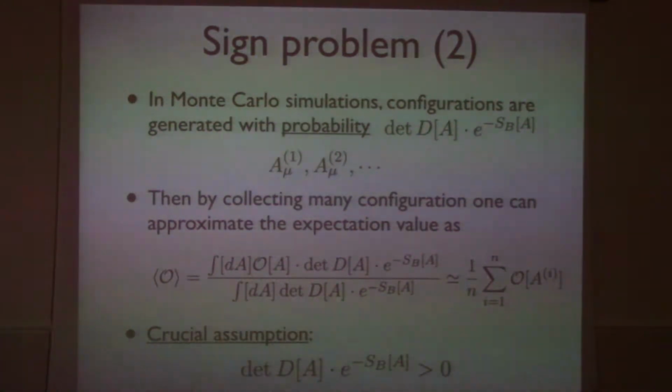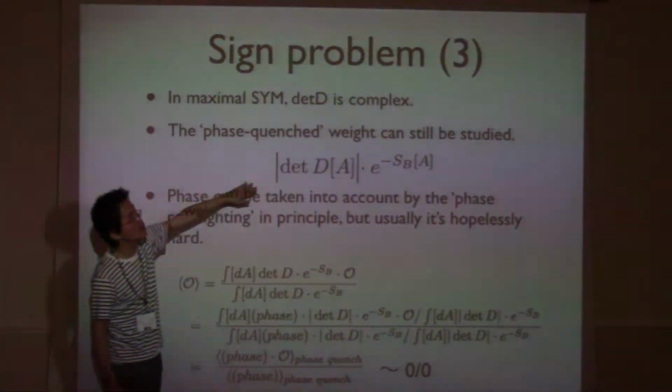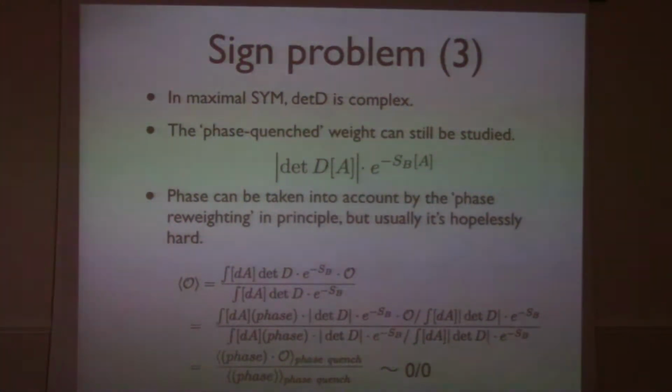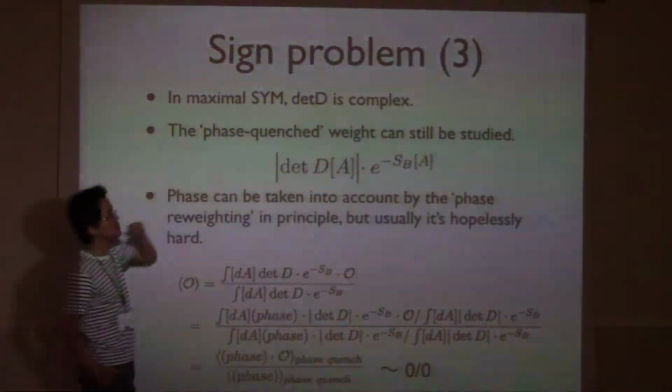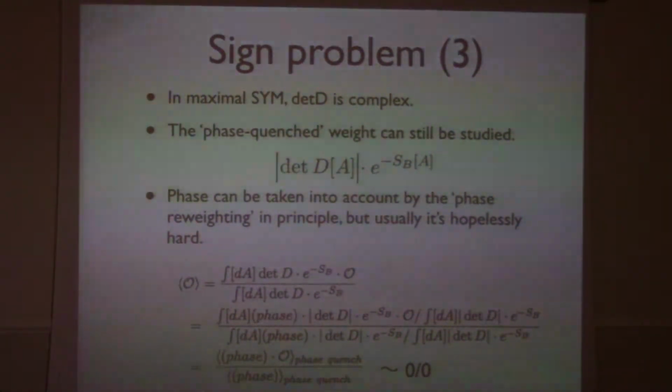This is the definition of the expectation value. But in maximally supersymmetric Yang-Mills, the determinant or Pfaffian is complex. Of course, if we use this combination, this is positive, and we can do simulation. But the problem is, this is not necessary. The phase factor, in general, changes the result.